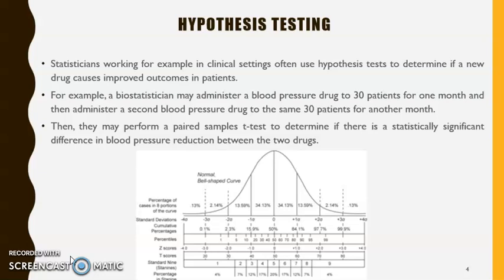Because when they say that there is a significant difference, it means that it is a reliable difference. For example, we want high reliability for that. It should assure us, for example, 95%, that there is a significant difference in blood pressure reduction between these two drugs.